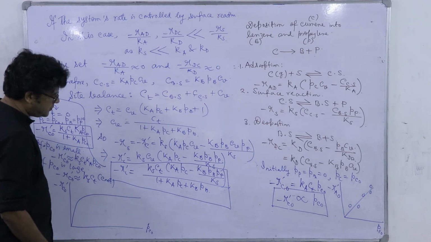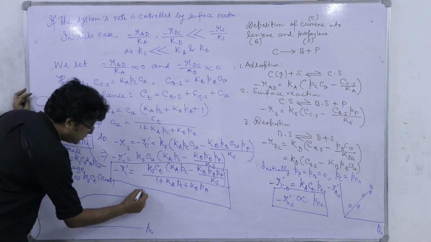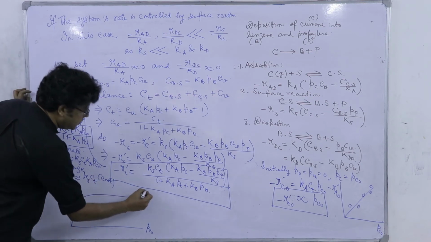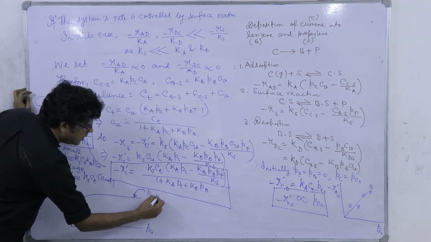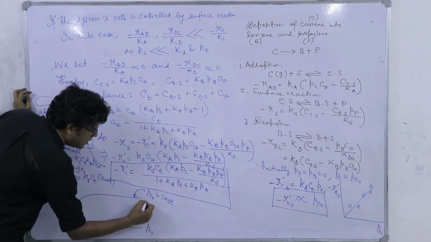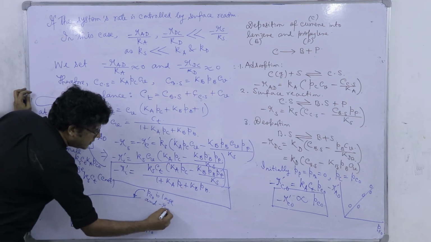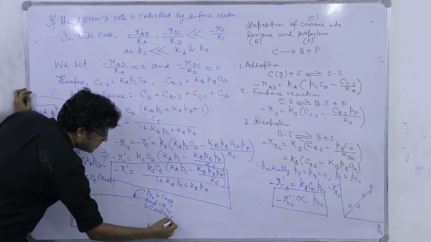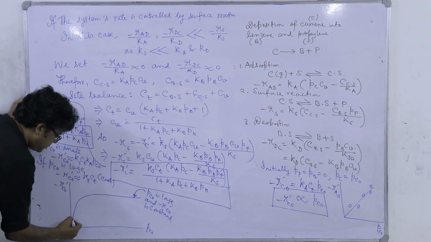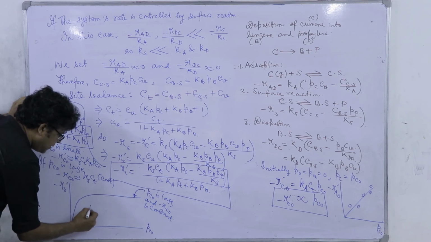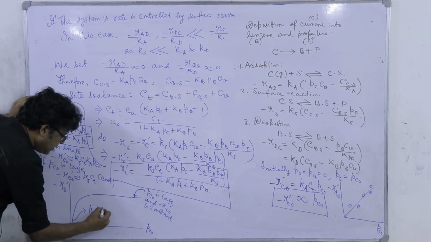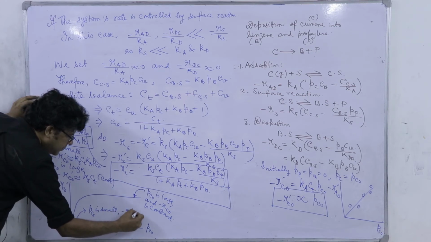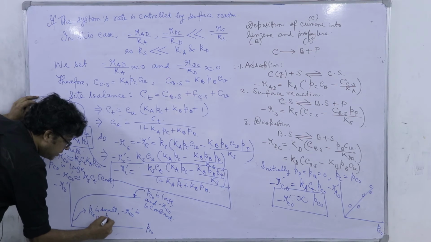Here you see this regime where Pc0 is large and minus of Rc prime is constant and independent. Here Pc0 is small, and minus of Rc prime is proportional to Pc0.